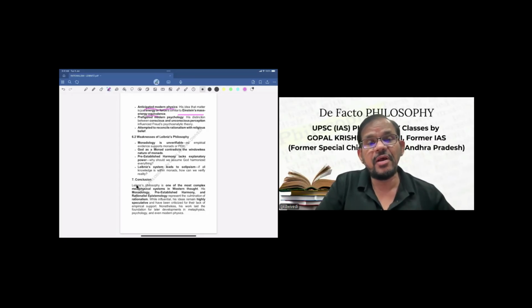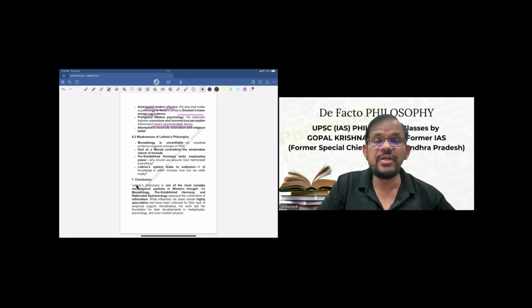He was also a precursor of modern psychology. His distinction between conscious and unconscious perception influenced Freud's psychoanalytic theory. This is an important contribution of Leibniz.